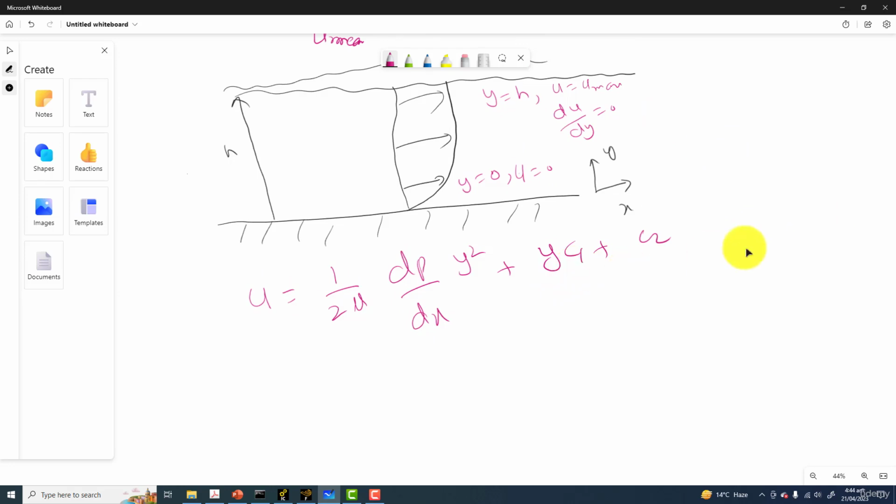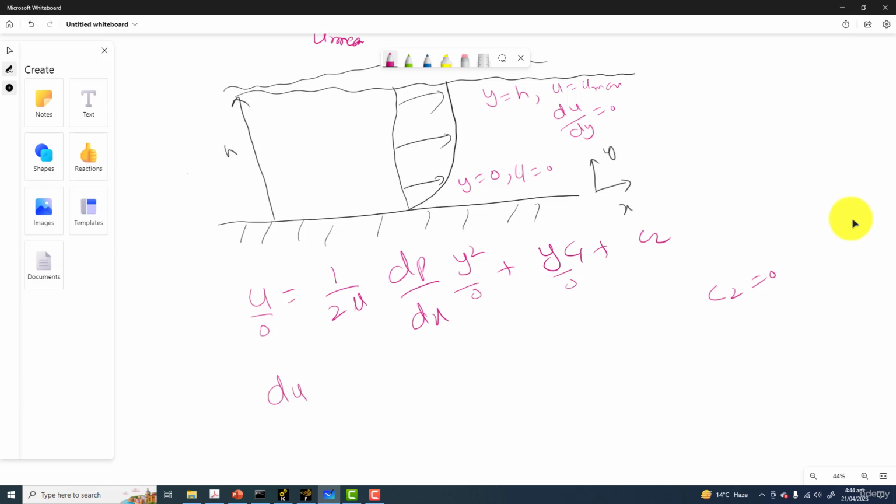So definitely they are going to be different. First of all, if I apply the first boundary condition, that u is equal to 0 at y is equal to 0, then this term is 0, this term is 0, and this term is 0. So c2 is equal to 0.